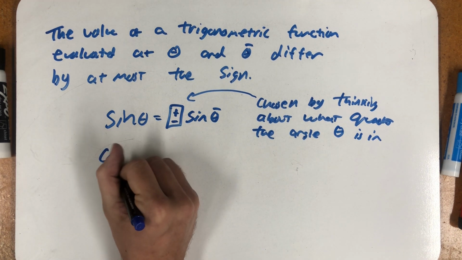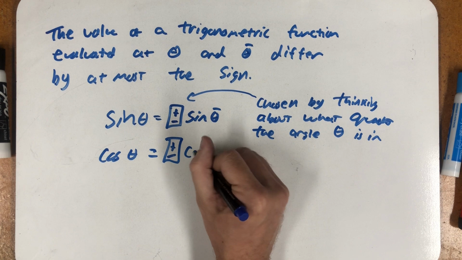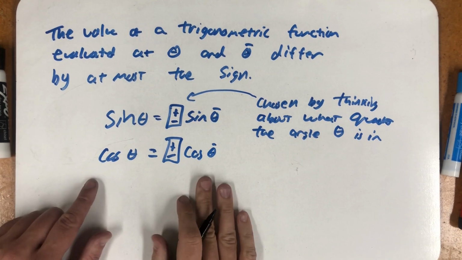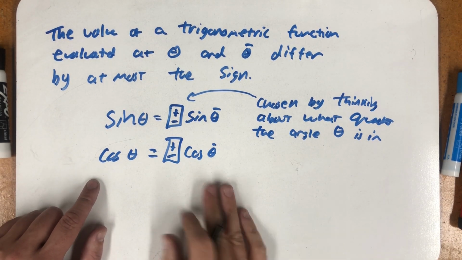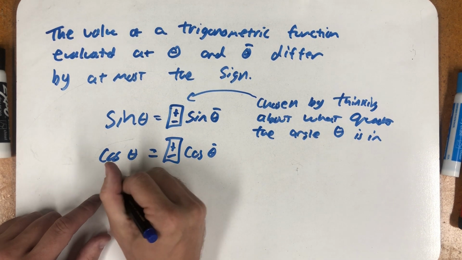And that's true for each of my trig functions, that there might be a plus or minus out front of the trig function evaluated at the reference angle to make this equation true, but it's always determined by that quadrant, thinking about our positivity chart from class.